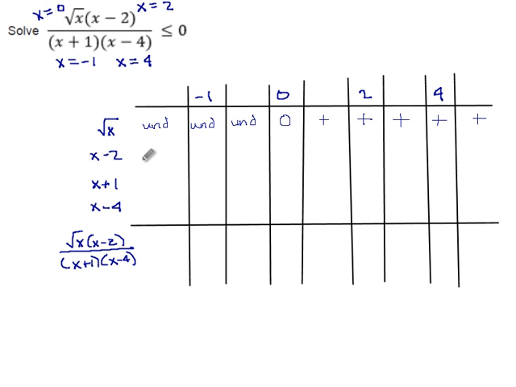Okay. Now, x minus 2, that comes out negative for any negative value. 0 minus 2, still negative. Something like 1 minus 2, negative. 2 minus 2, 0. And for anything higher than 2, this factor will come out positive. For x plus 1, we get negative 1 plus 1 is 0, and then the positives begin.